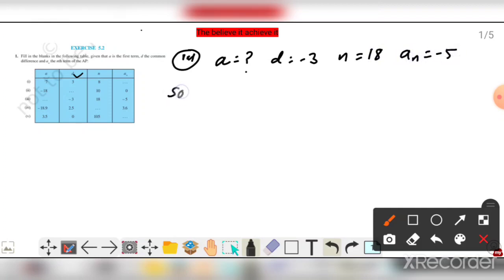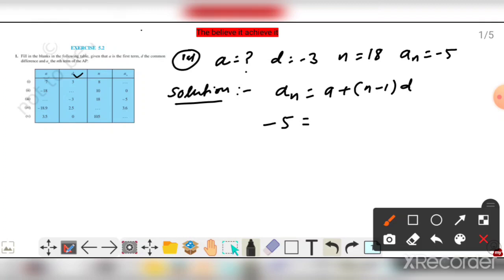So again we'll go through the formula of finding An. An equals A plus n minus 1 into D. We'll just put the values. An is given minus 5, A we have to find out, n is given 18 and D is given minus 3.